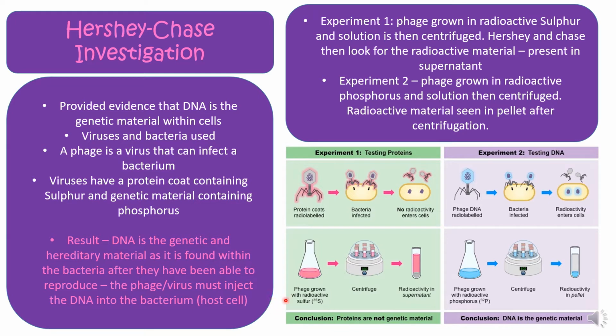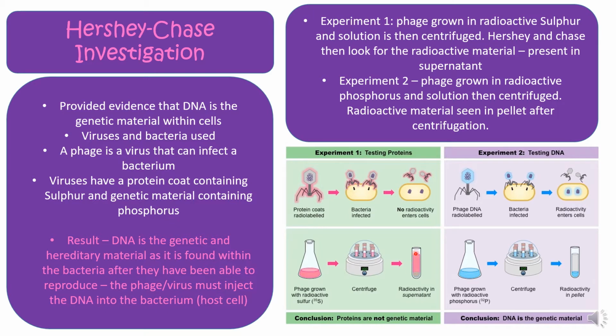Once all of that has happened, we centrifuge the solution. So this is all happening within the solution. When we centrifuge it, we spin it round at really, really high speed. At the bottom, we end up with the bacterial cells, which we call a pellet. Above that is a liquid called a supernatant, and within the supernatant is the radioactivity.